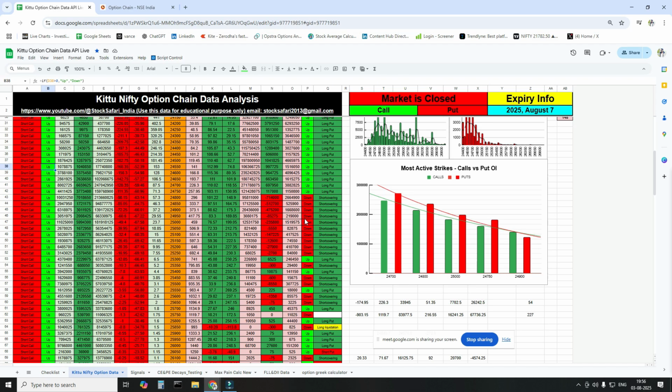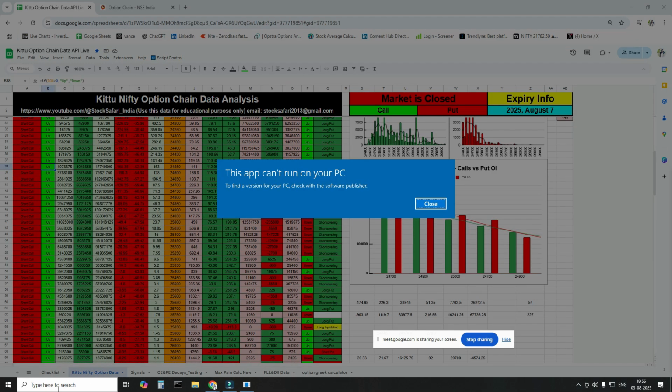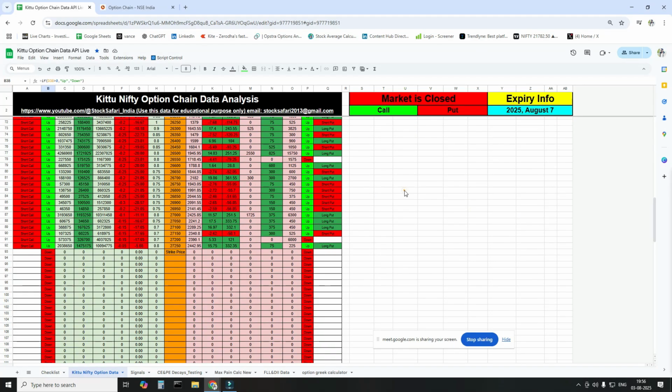Now if someone has built up maybe around 25,000 contracts, and they wanted to square off their positions, what will they do? Let me take one example for better understanding.